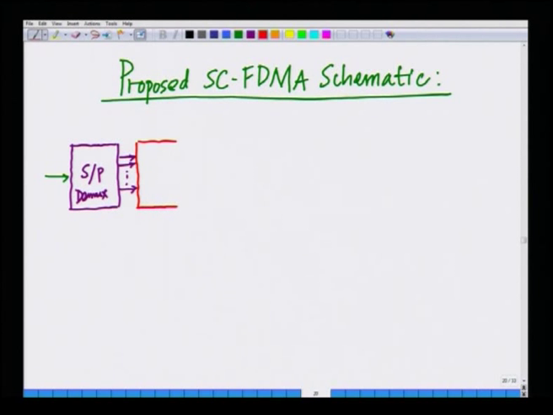So, we are going to take only M symbols instead of N, and do an M point FFT.